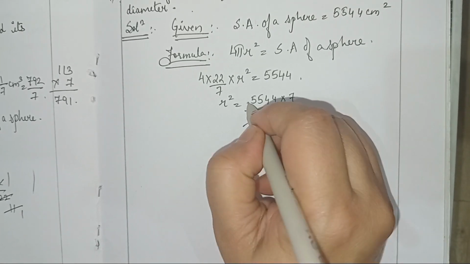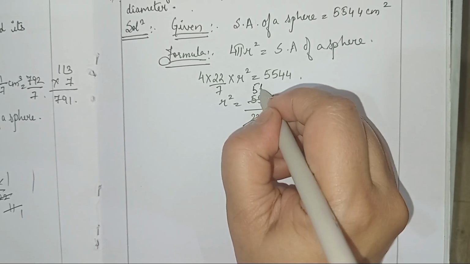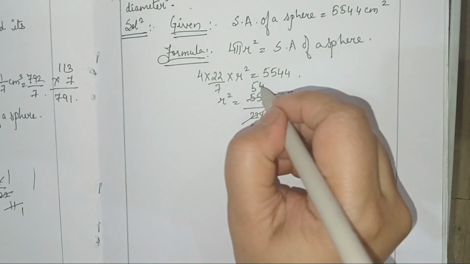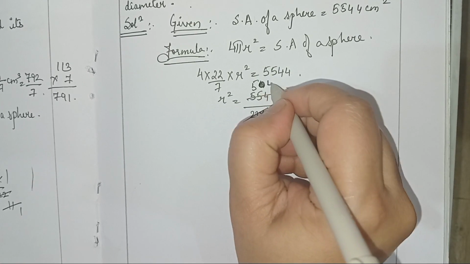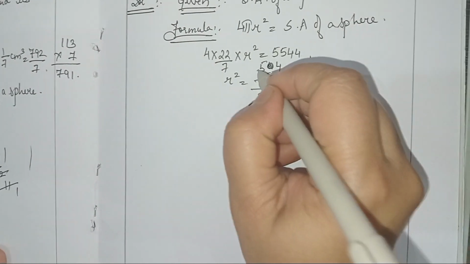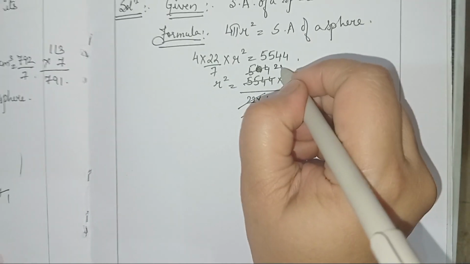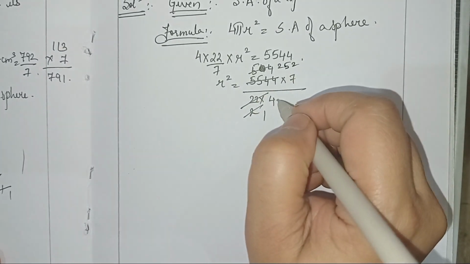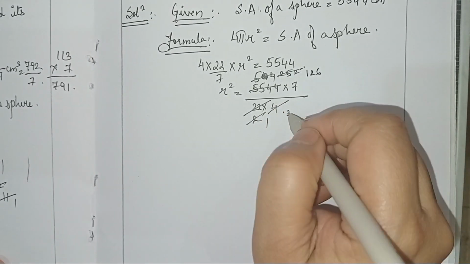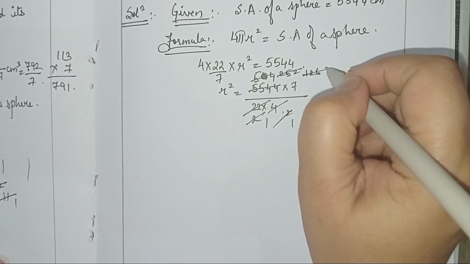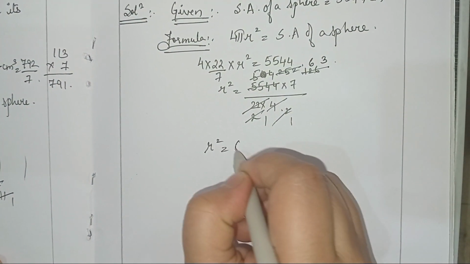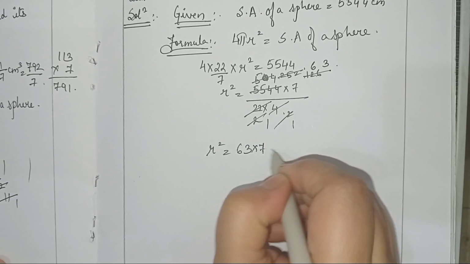11 twos, 11 fives, 11 54s. Am I right? No, it's 504. See how much confusion happens. After that 2 ones, 2 twos 4, 2 fives 10, twos. Okay, 2 1 2 6, 2 ones are 2, 6 are 12. R square is equal to 63 into 7.